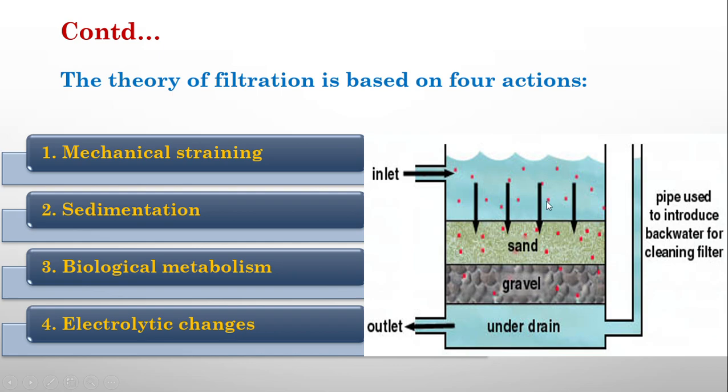It gets filtered out. All the suspended matter, bacteria, etc. will be trapped here, and the remaining pure water will come out. This outlet is provided for overflowing or backwashing. This is what happens here, and it occurs by four actions.